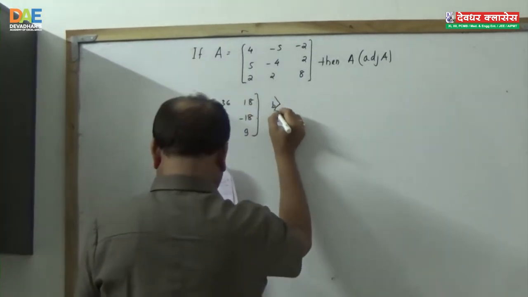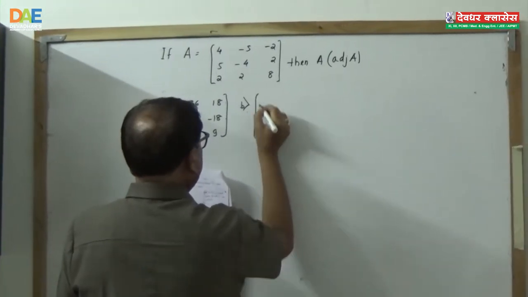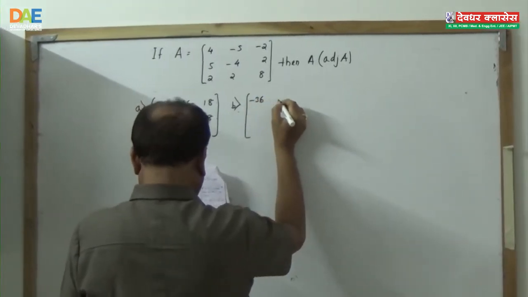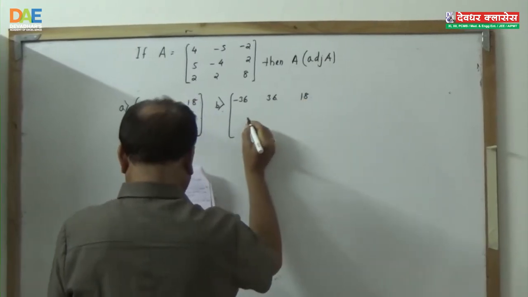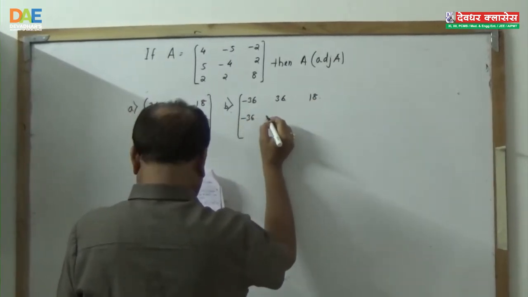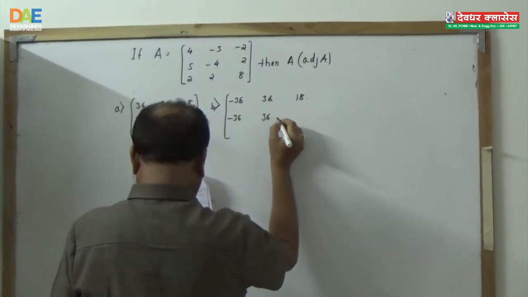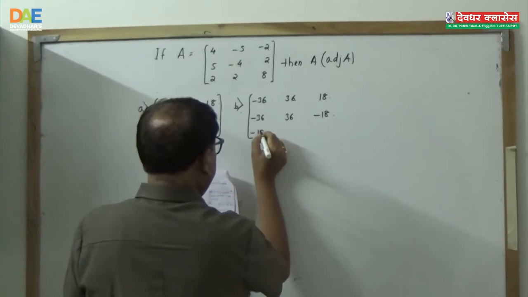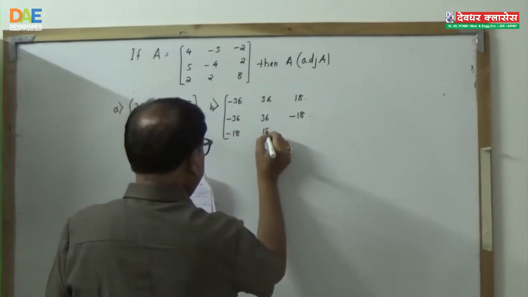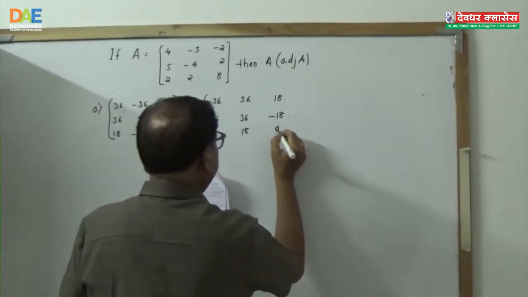B choice, the matrix with rows minus 36, 36, 18; minus 36, 36, minus 18; minus 18, 18, 9.